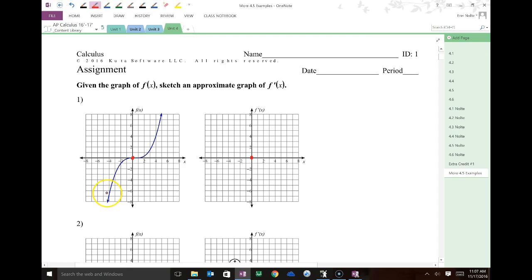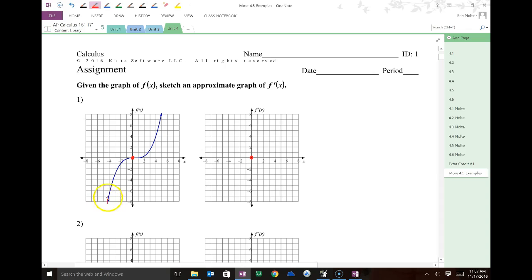If I am looking at the left-hand side, I have a positive slope. And hopefully what you notice about the positive slope is that the further to the left you go, the steeper it is, and the closer you get to 0, the less steep it is.